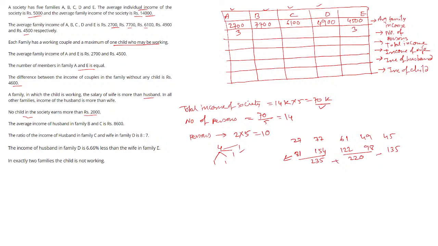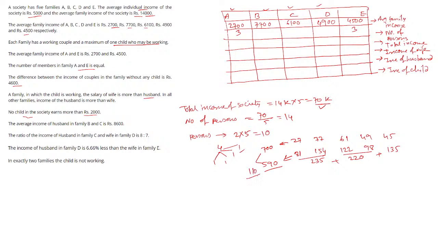So the sum total goes up to 135, 235, 370 and 590. This must be 70,000, but we take it as 700 because we are not taking the 100 here. So the total we have to consider is 700.